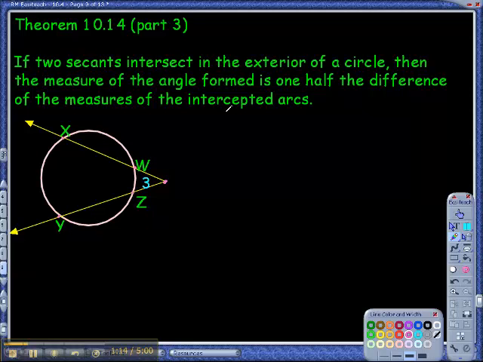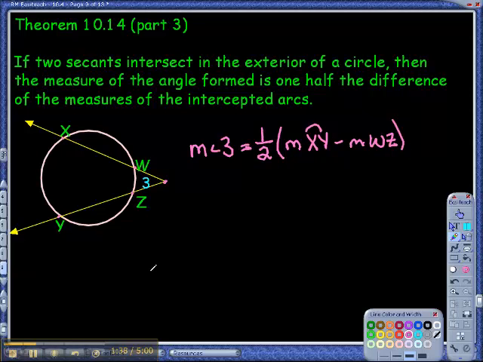But again, the same idea is true. It says that the measure of the angle that's formed, in this case the measure of angle 3, is 1/2 of the difference in the measures of the two intercepted arcs. Again, the larger one minus the smaller one. So the measure of arc XY minus the measure of arc WZ.